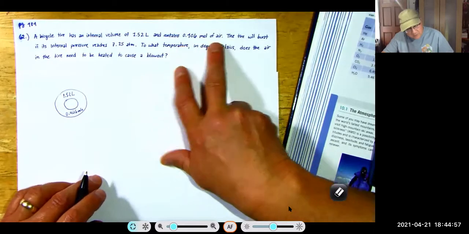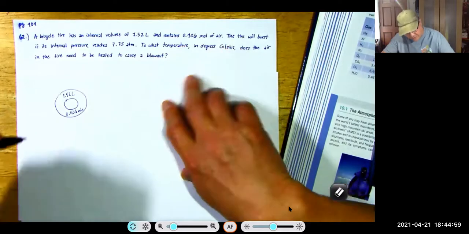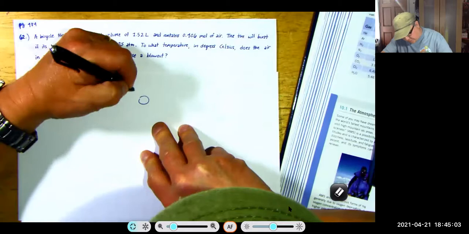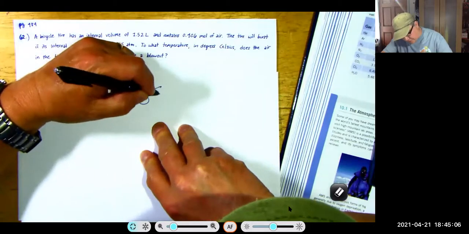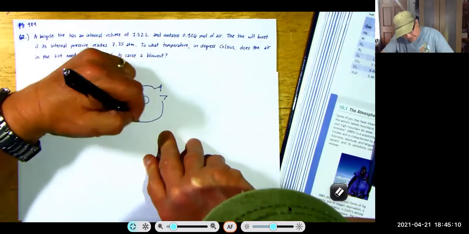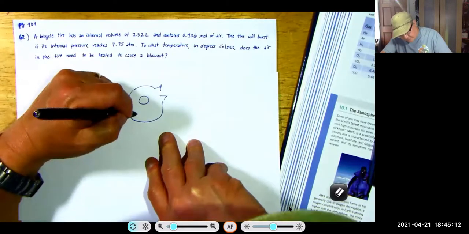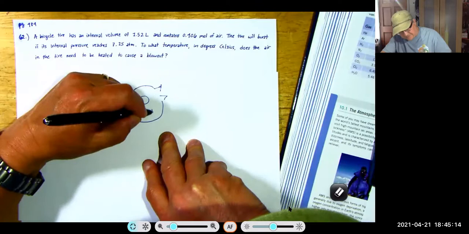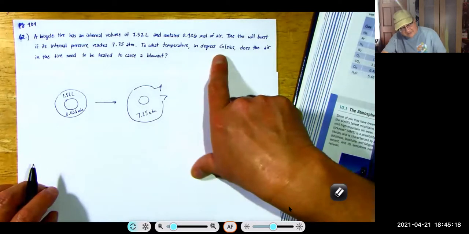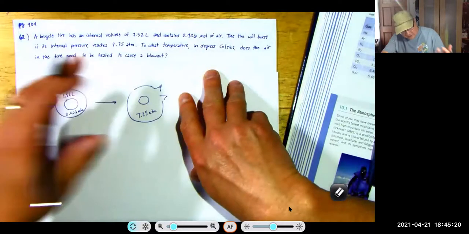The tire will burst if its internal pressure reaches 7.25. So that means here it'll burst. So this is my tire bursting. That's the hole being made. If the internal pressure reaches 7.25 atmospheres. So what temperature in degrees Celsius does the air in the tire need to be to cause the blowout?